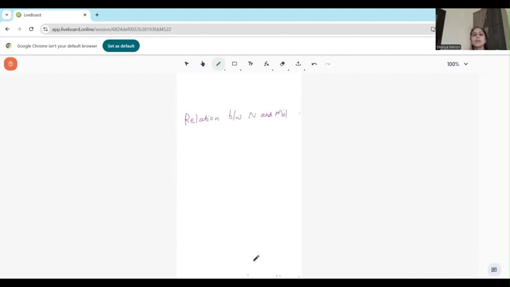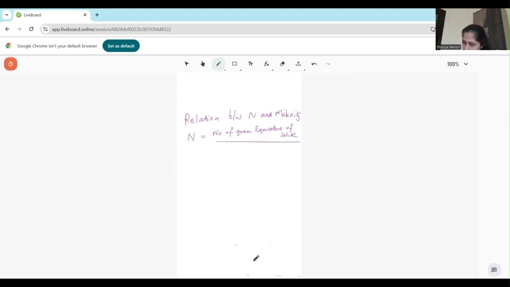Now let's write down the formulas of both of them separately. So normality is equal to, just now we learned, number of gram equivalent of solute by volume of solution in liters.